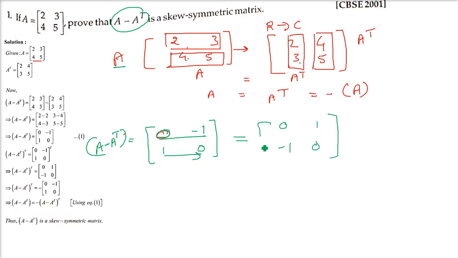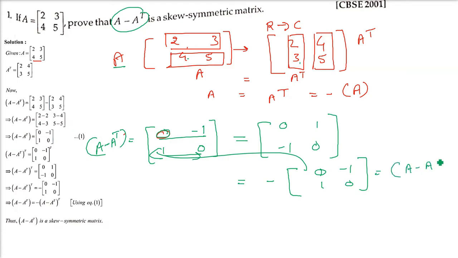Now you see it very carefully. If I take a negative common from here, that is, multiply negative 1 with each and every element, scalar multiplication, everything inside will be changed. So 0 minus 1, 1 and 0. This is A minus A transpose, but it is the negative of it.